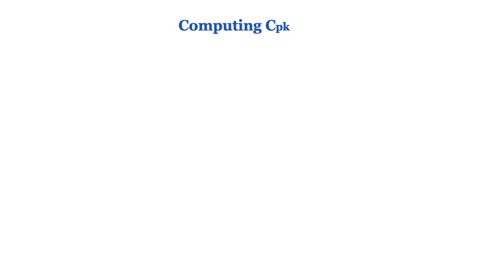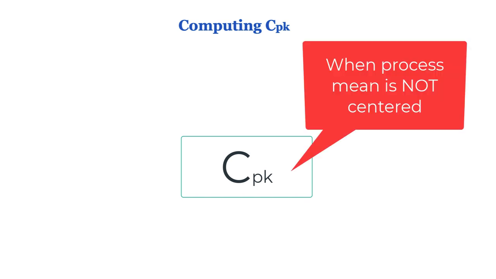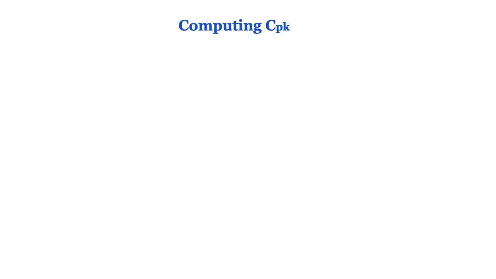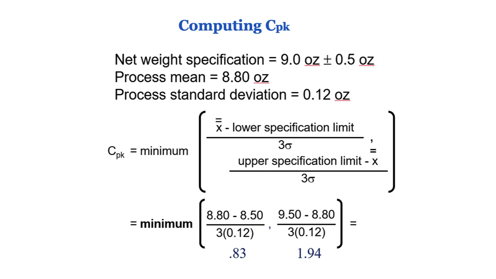Now, you should use CPK when the process mean is not centered between the specification limits. Here is an example of this latter situation. So how do we compute the CPK?